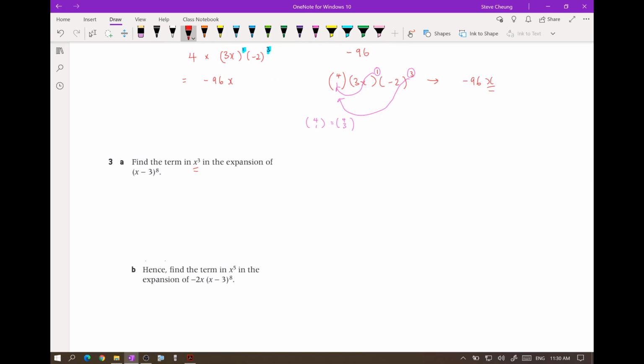Find the x cubed term. So we have two types of terms. We have the x, we have the minus 3. We want 3 of these here, and then the remaining 5 to be here. So I'm going to erase that and just write down 5. I'm going to choose a smaller number here.